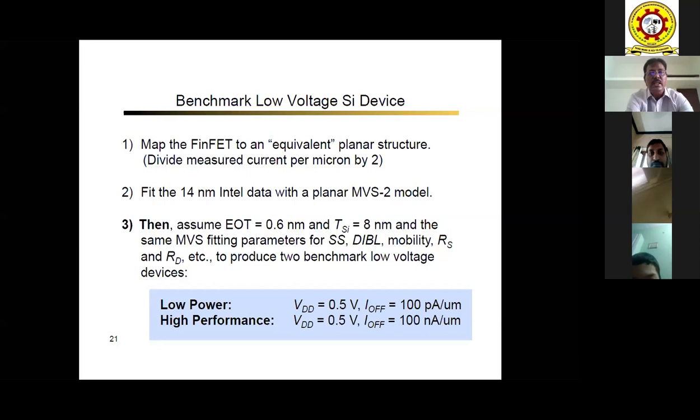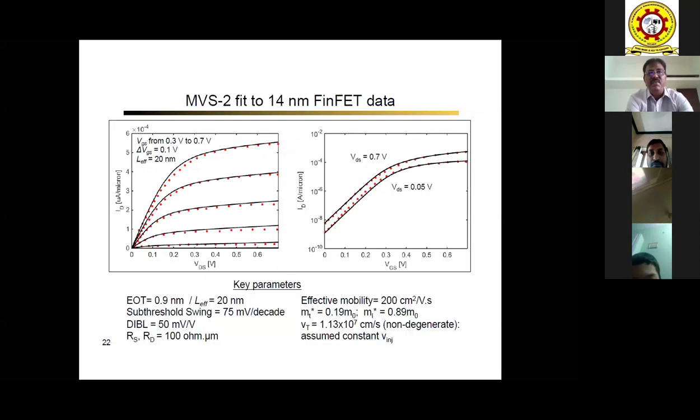And those models are shown here. This is after converting the FinFET model to a planar model. I'm designing a planar structure, not going for a FinFET design, but I can still use this MVS model data as my benchmark data.